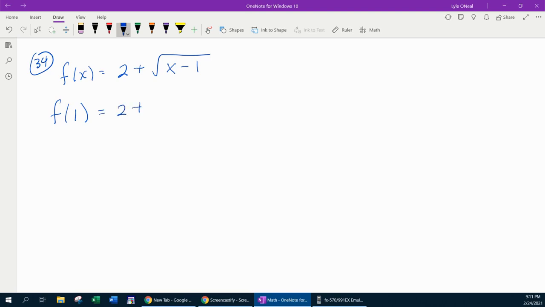So to evaluate, here we're going to have the square root of 1 minus 1, which is 0. 2 plus 0 is 2. And so that gives us the initial or starting point of the graph. And then you want to increase by 1. That's probably a good rule of thumb.